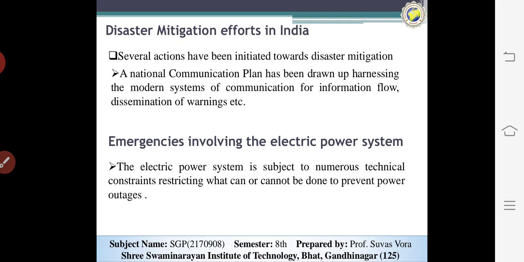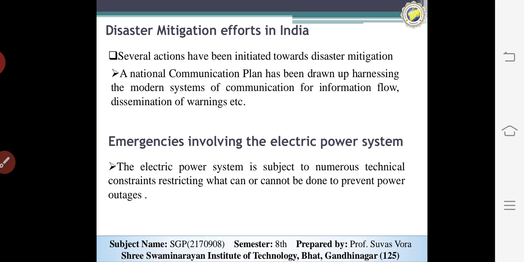It means that in disaster efforts in India, we can train people on what to do when a disaster arises.